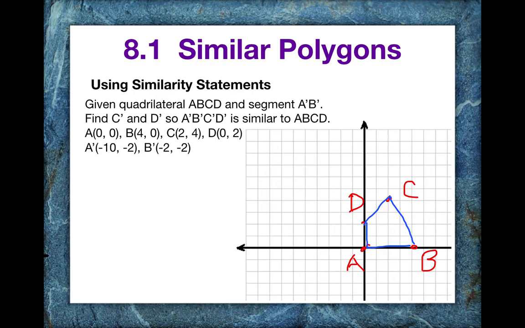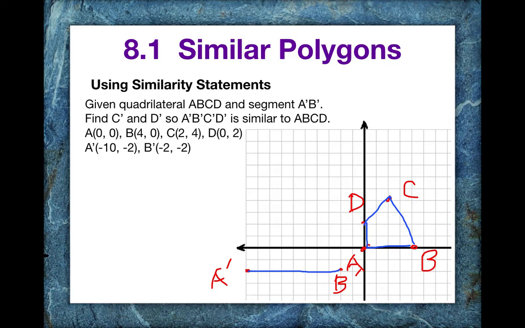Then I have 2 points of the new quadrilateral. It's -10, -2, which is around here, so that's A prime. And then I have -2, -2, which is right around here, that's B prime. I connect those two together a little bit better.